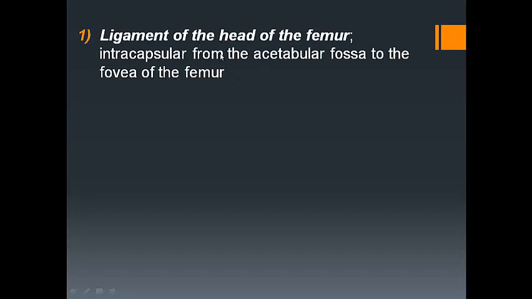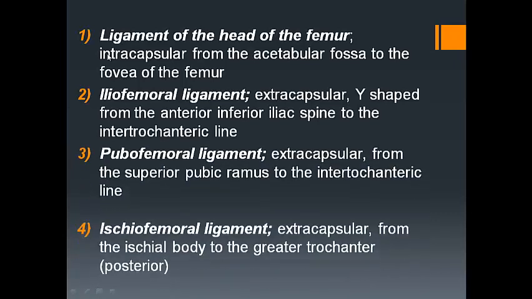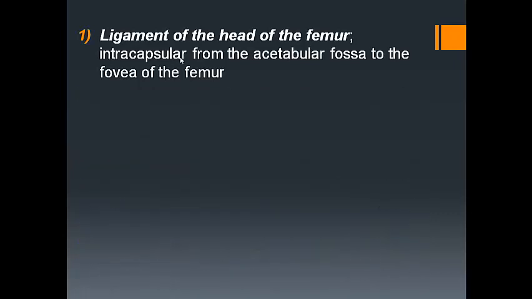Now, this is an intracapsular ligament because it's found inside the capsule. And like I said, it attaches between the acetabular fossa and the fovea of the femur. If you remember, the fovea was this little depression that was found at the head of the femur. So this ligament attaches between that fovea and the floor of the acetabular fossa.